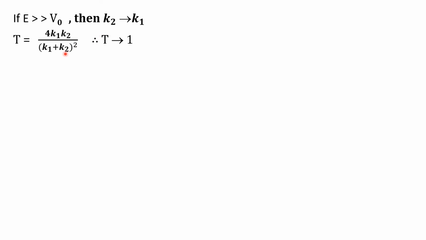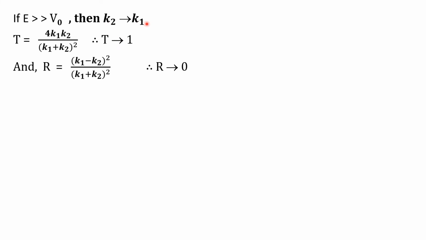If K2 tends towards K1, the denominator is (twice K2) square, that is 4K2 square, and the numerator is 4K2 square. Numerator and denominator are the same, and we get T tends towards 1. Similarly for R, (K1 minus K2) square divided by (K1 plus K2) square.